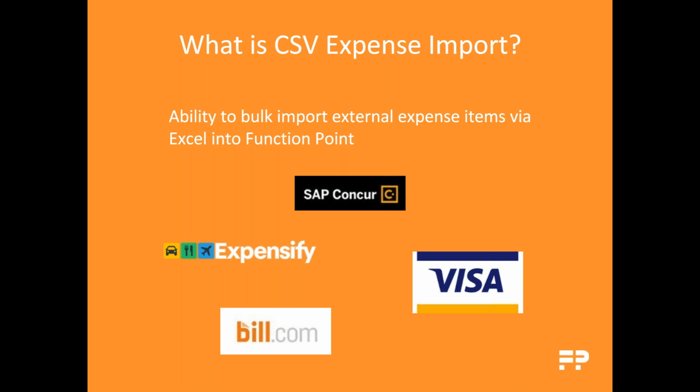So instead of trying to enter 50, 100 line items from these systems and do a double entry, with the CSV expense import, you can now just quickly export them from your expense system and then import them into Function Point so that you can bill these expenses back to your customer or properly track your job costing.